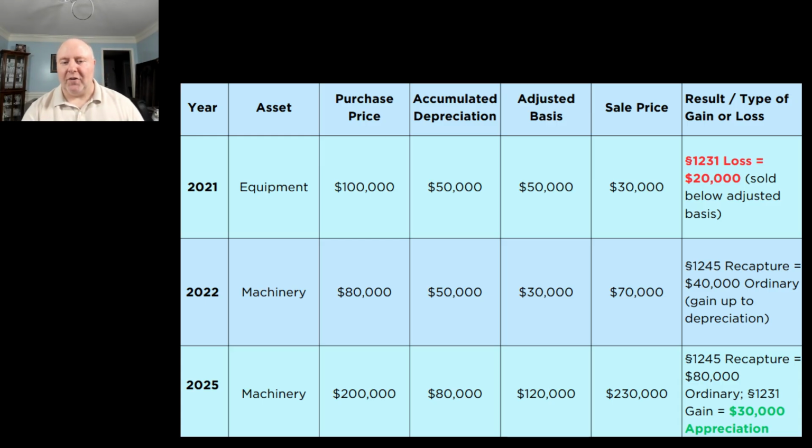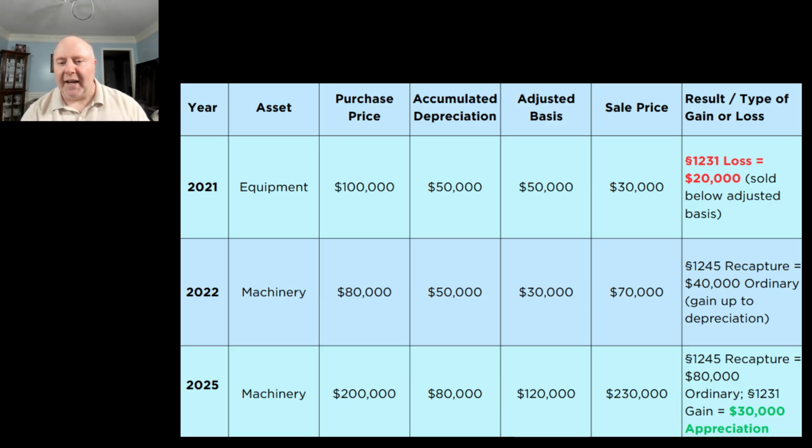Now here's the first thing I can tell you. I can tell you that in 2021 we will not have any 1231 gain. And here's how I can tell you. First off, it's equipment, we're assuming it's going to be held for over a year, and it's being used in the trade or business. We're making a couple of assumptions here. But here's why I can tell you we're not going to have any 1231 gain.